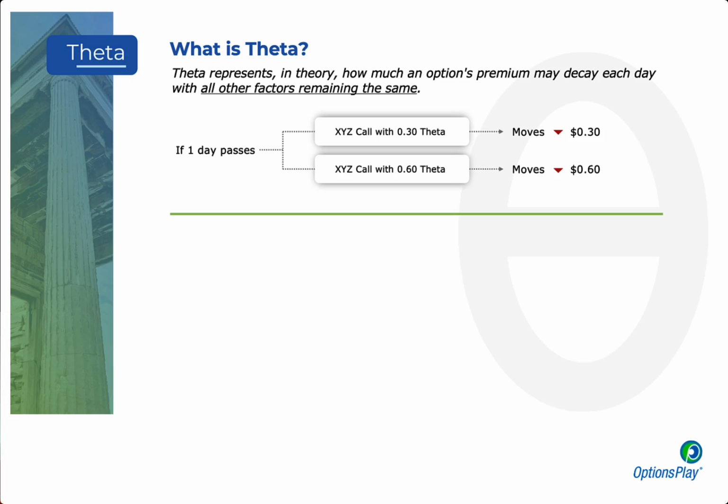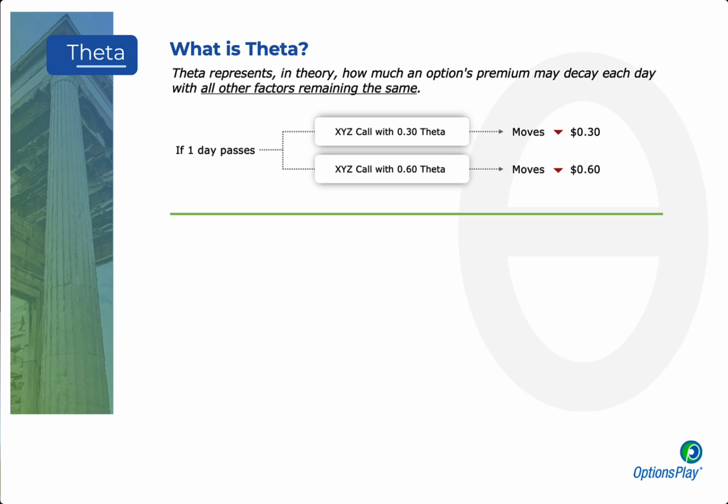Let's look at Theta. Theta tells us how much does my option lose in value each day as the option nears expiration. So it's a daily time decay value that is expressed in dollar terms. Now that does assume that all factors are remaining the same.